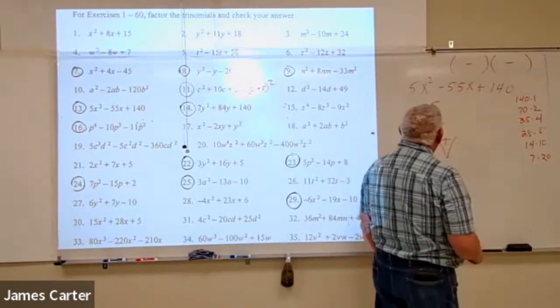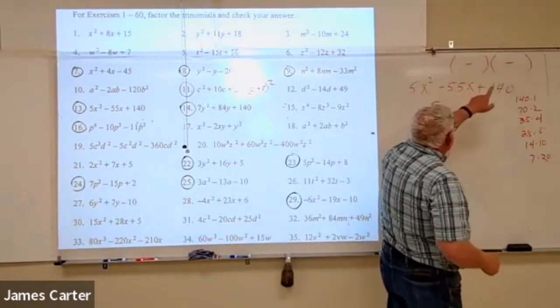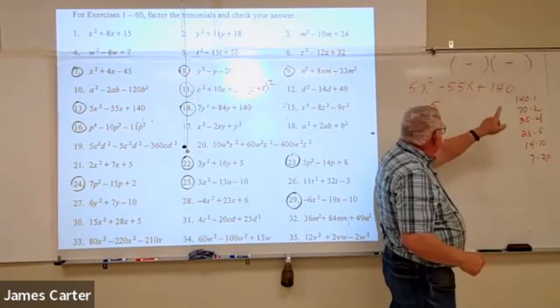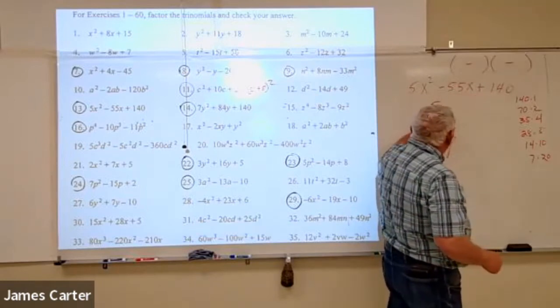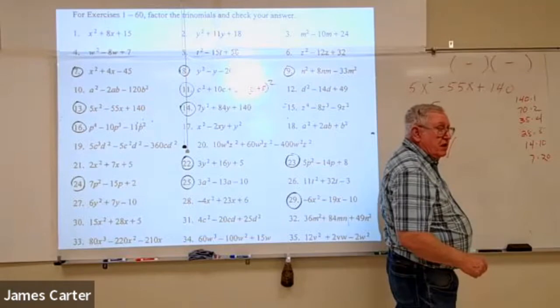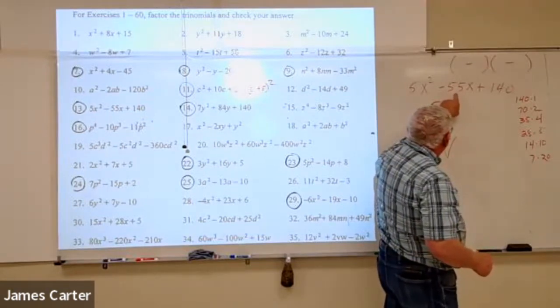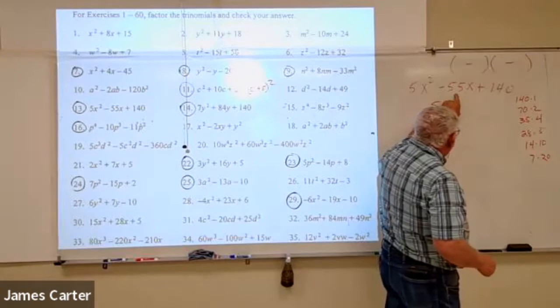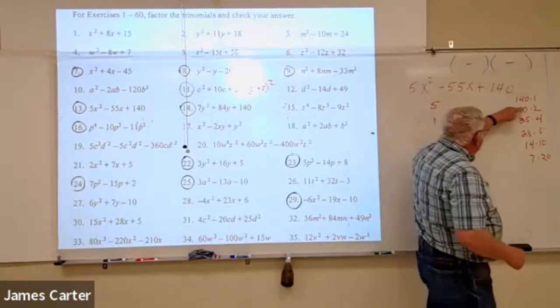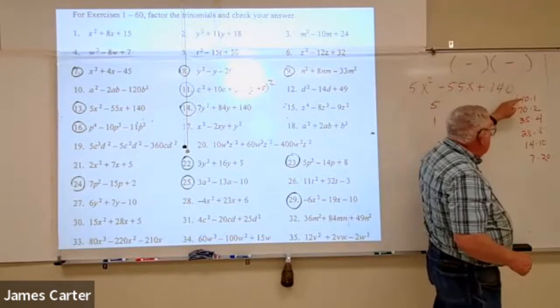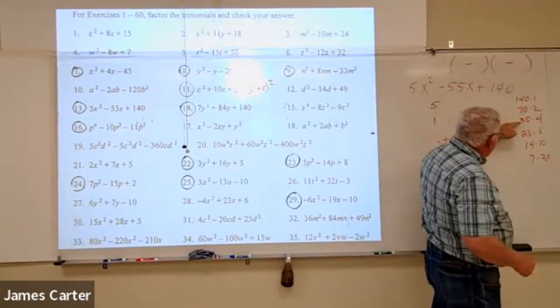I've got same signs, so I've got to add, but I've also got this multiply by 5 thing in here. And I got 55, so probably won't be either one of these two. Unlikely it would be this one.